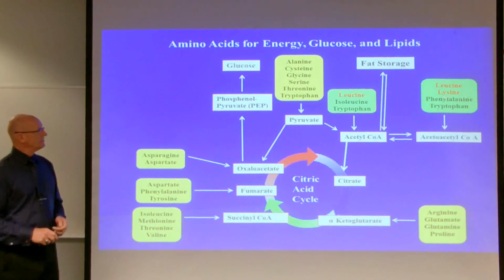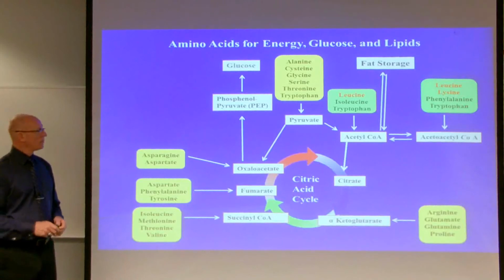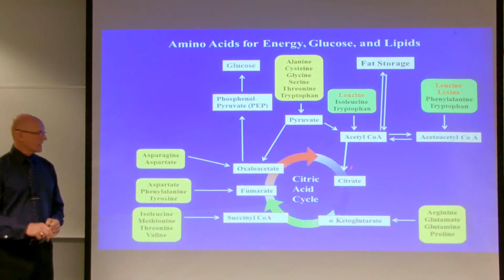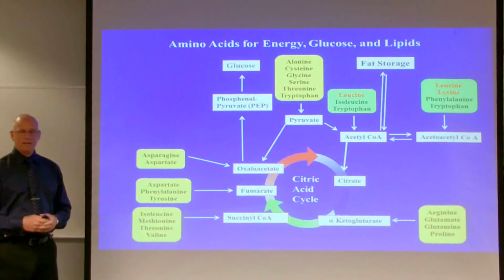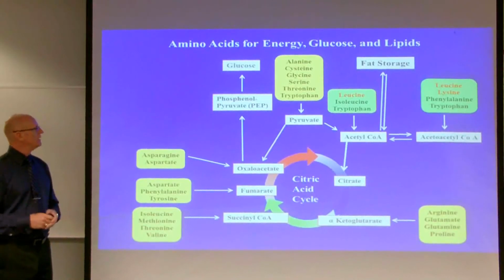Now, leucine, lysine, phenylalanine, and tryptophan will come into acetyl-CoA, and these are interchangeable. They can go into fat storage, or they can come into the citric acid cycle again to participate in making NADH and FADH2 to go to the electron transport chain.